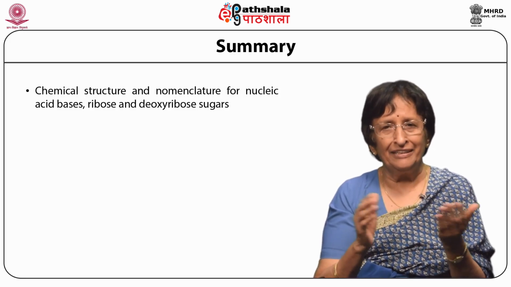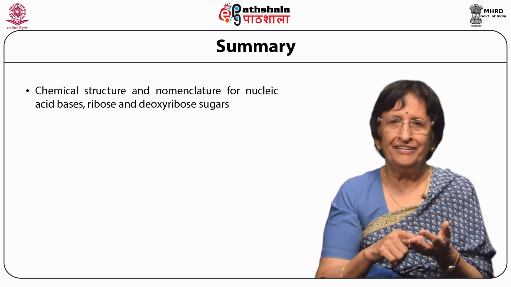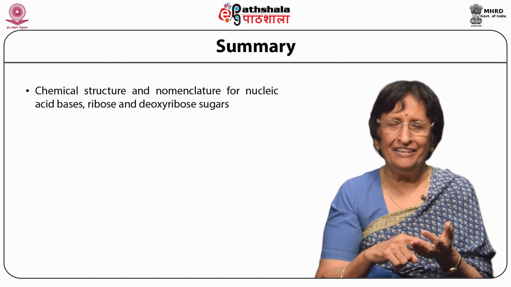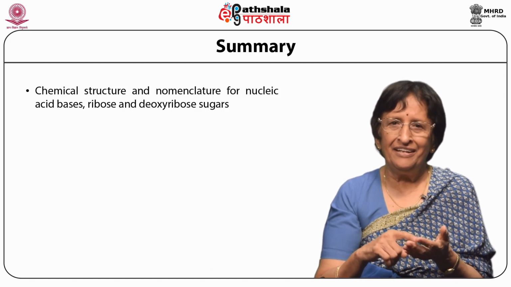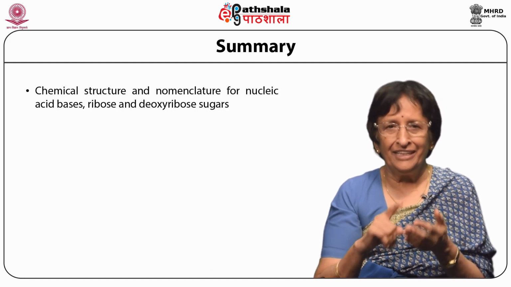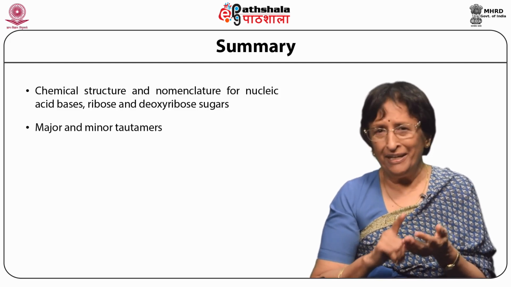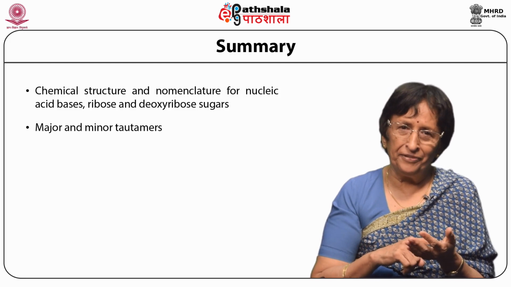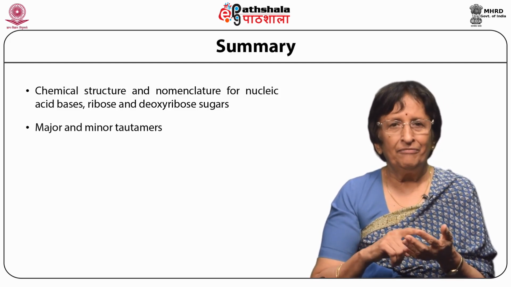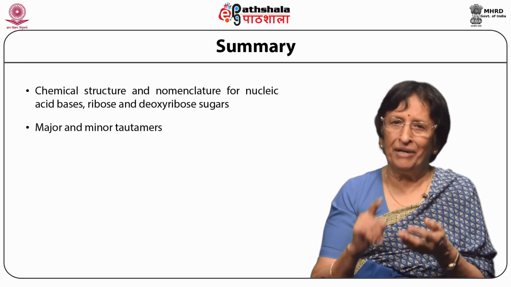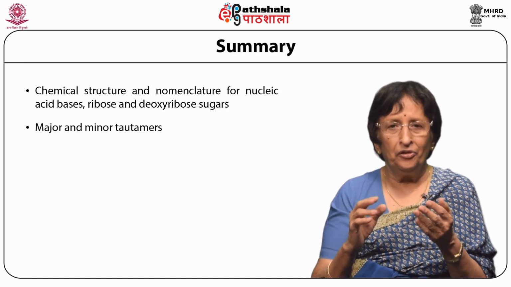We use either a 3-letter code ADE, GUA, THY, CYT, or 1-letter code A, G, T, and C. Then we saw major and minor tautomers, the difference in their chemical structure, and the importance of their coexistence.